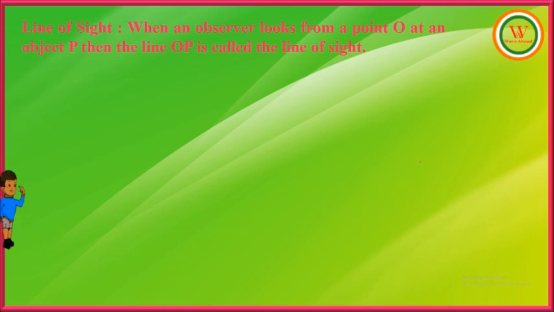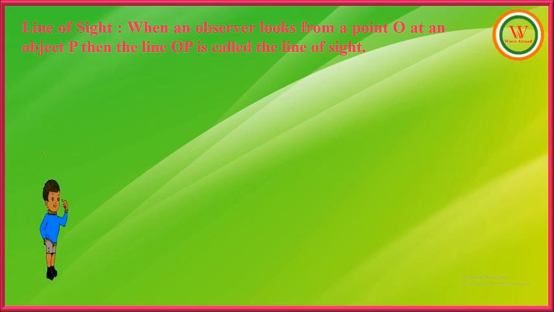Let us see the very first topic of this chapter, line of sight. When an observer looks from a point O at an object P, then the line OP is called the line of sight. Let us understand this definition by taking an example.